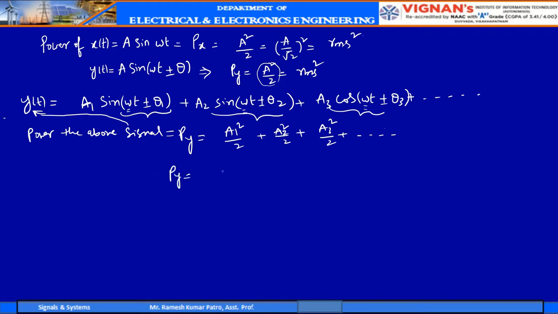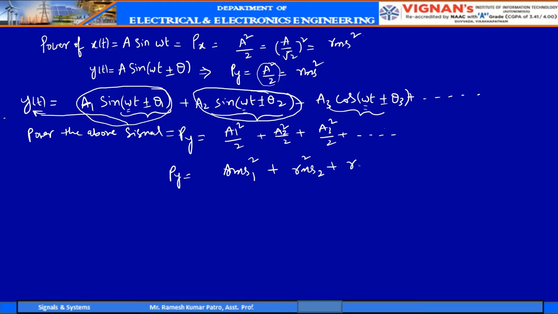So how can I write this? It is the RMS value of the first signal squared, plus the RMS value of the second signal squared, plus similarly the RMS value of the third signal squared. And the power of the resultant signal y of t also has an RMS value.